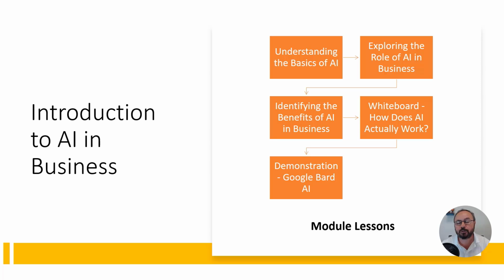And we'll talk about via whiteboard exactly how all this works in the back end. And I'll also go into a demonstration with Google Bard and walk you through how to get started using Google Bard. We have a lot to cover in this module, so let's continue on.